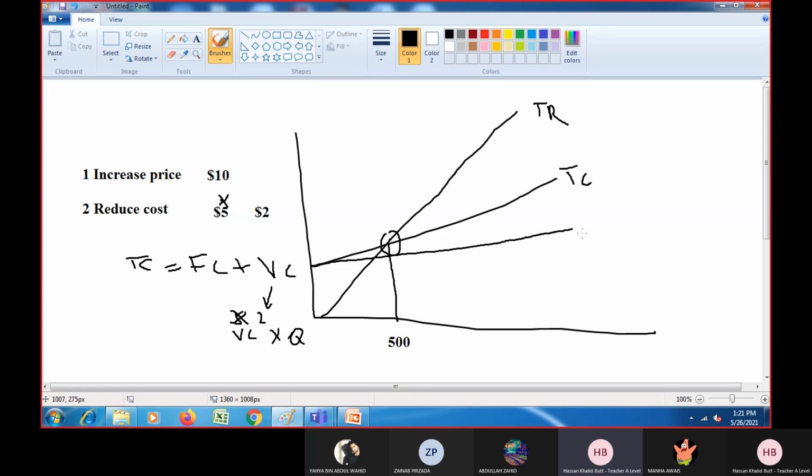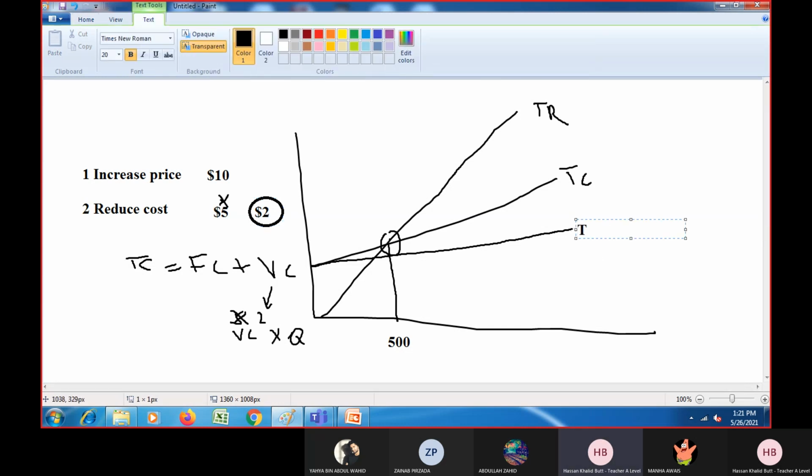So it will affect the total cost as well, because variable cost is part of total cost, right? So now it will be using $2 because the cost has gone down. So if this happens, obviously the total cost will be less steep, and this will be the new total cost curve.